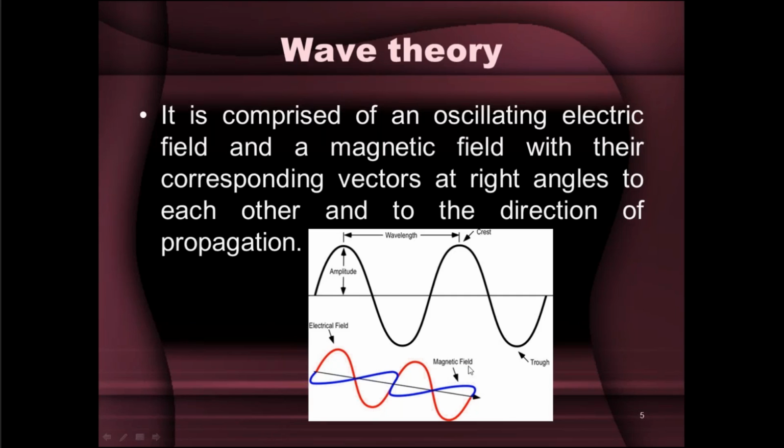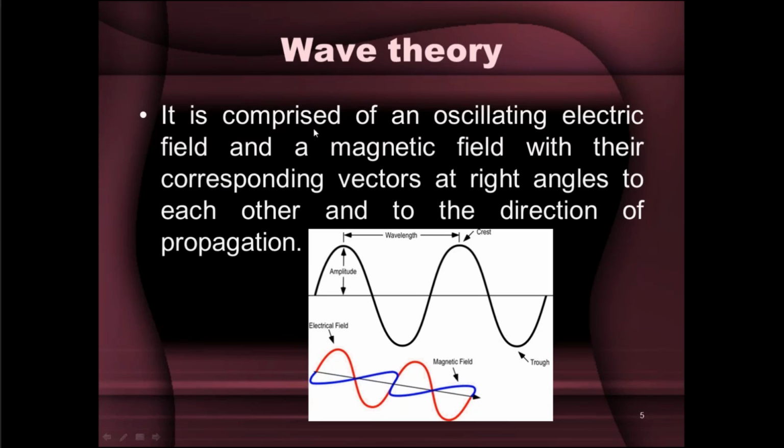You can see in this picture here, you see the electric field wave. This is the electric field, the red one, and the magnetic field, the blue one. The blue one is oscillating in the x-axis, the red one in the y-axis, and you also see this black arrow. This is the direction of propagation of the wave.